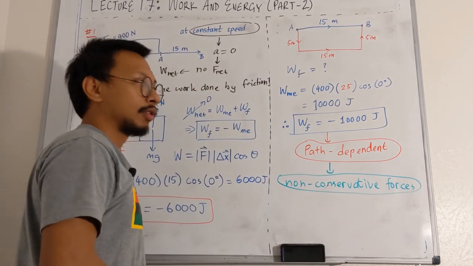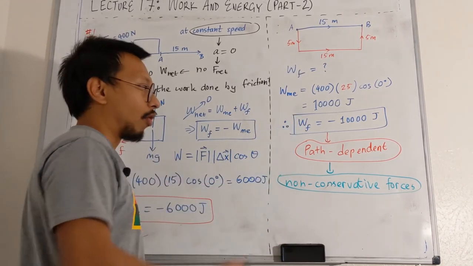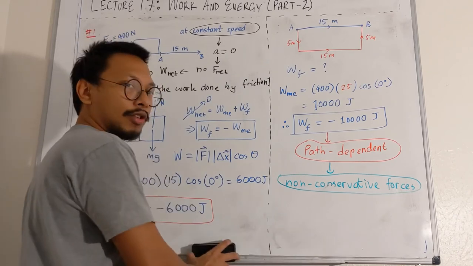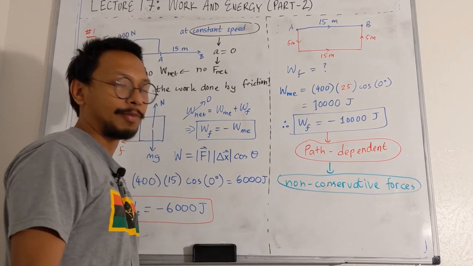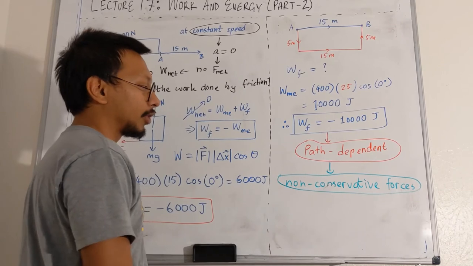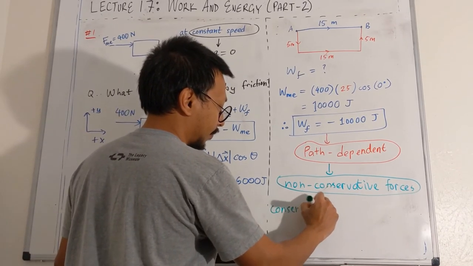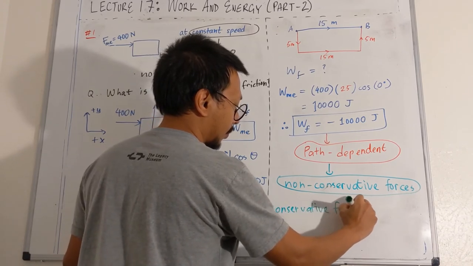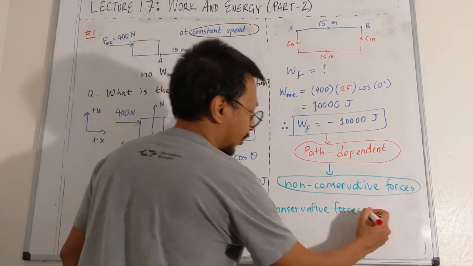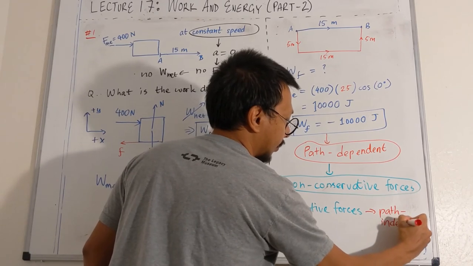And the only such force that we will talk about in this course is friction, or if you come across air resistance, which is like air friction. All other forces that we will study, like gravity and spring force, are what is called conservative forces. Conservative forces, on the other hand, are path independent.